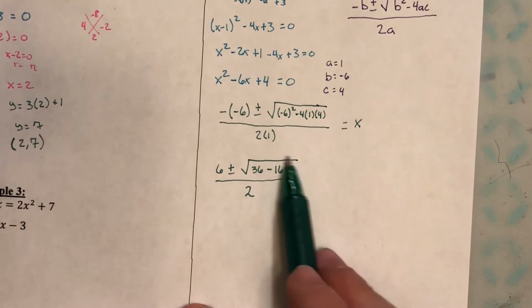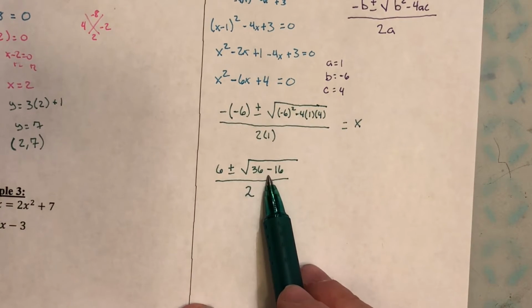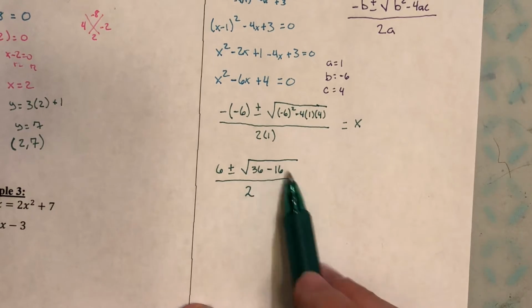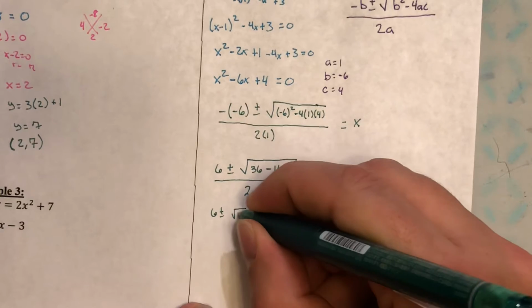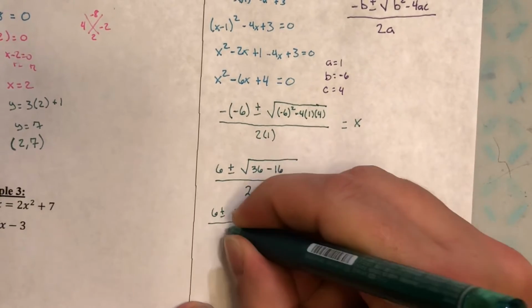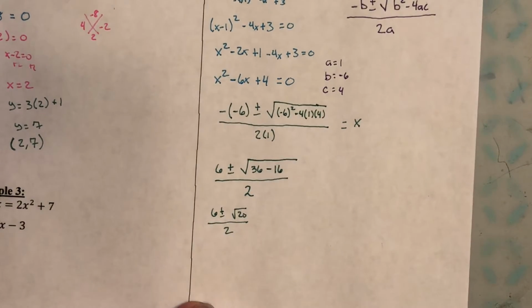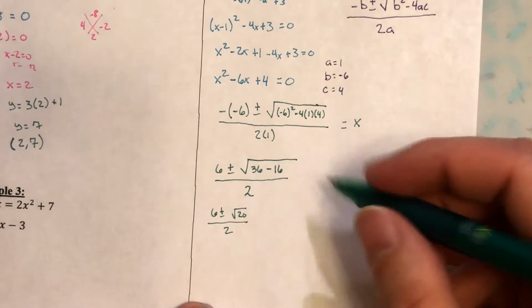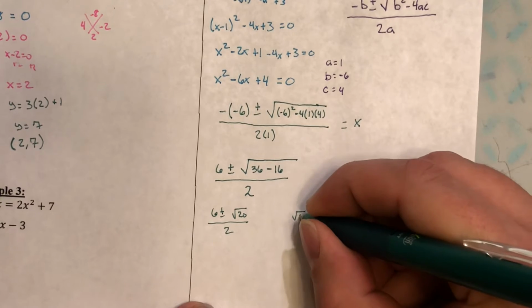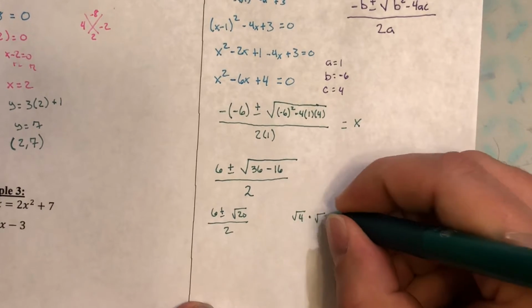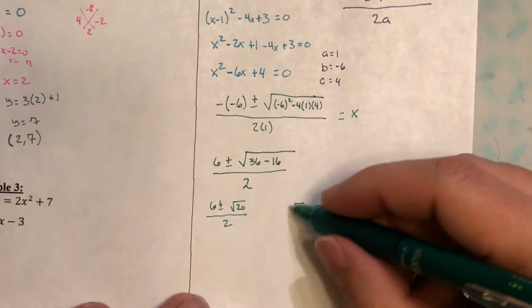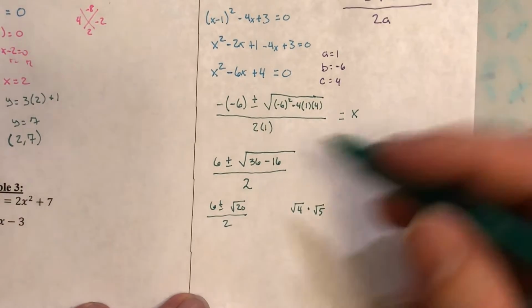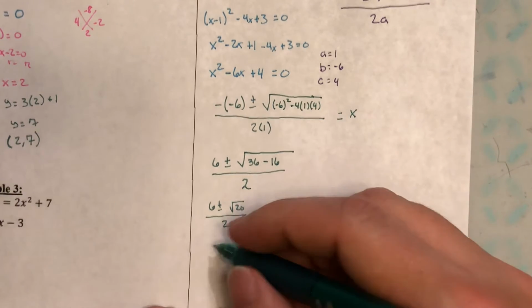So I have some more simplifying to do. 36 minus 16 is going to be the square root of 20. So I've got 6 plus or minus the square root of 20 divided by 2. The square root of 20 can further simplify. The square root of 20 is the same as the square root of 4 times the square root of 5. And we know that the square root of 4 is 2. The square root of 20 is 2 square root of 5.